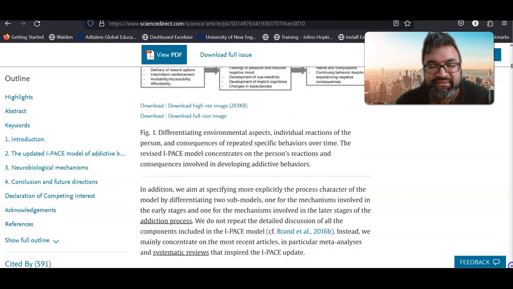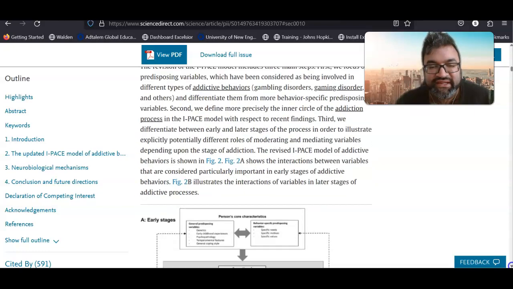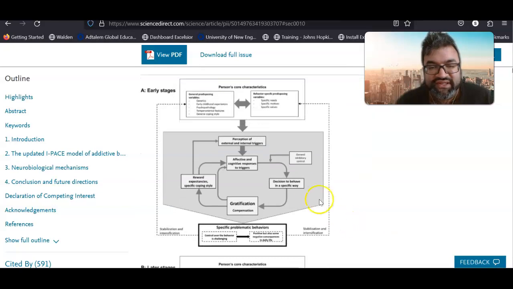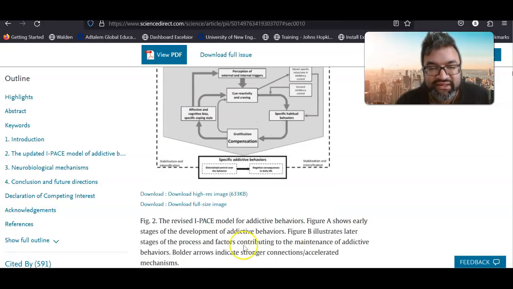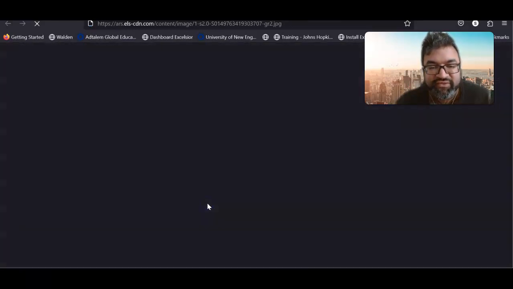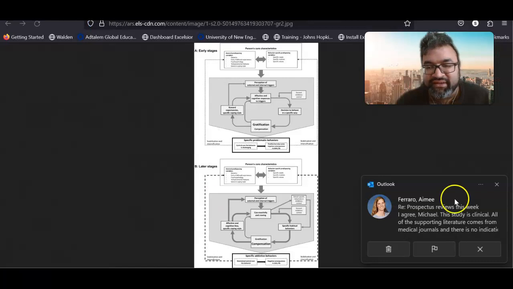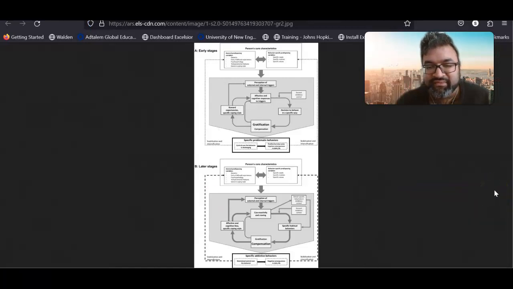Now, looking at some of the IPACE application, model 2 goes into the early stages and later stages. So what I'm going to do here, I'm going to download this as a full-size image. And then you'll be able to see what the different models are.